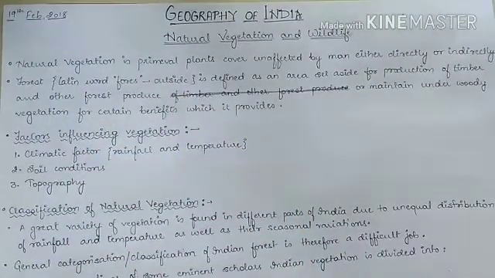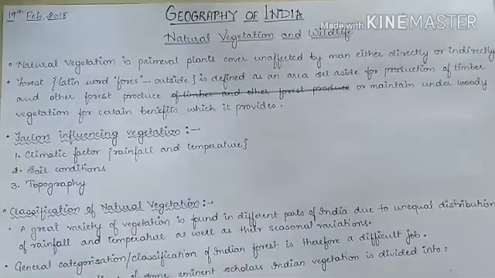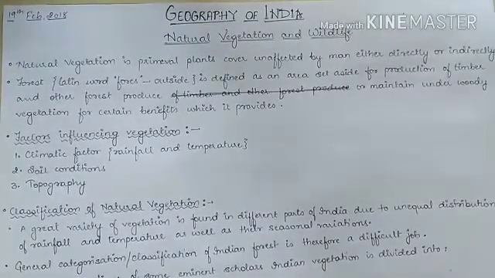Natural vegetation and forest are correlated. The word forest is derived from a Latin word. Forest basically means outside, and it generally refers to the area outside the boundary of village that is uninhabited and uninterrupted.